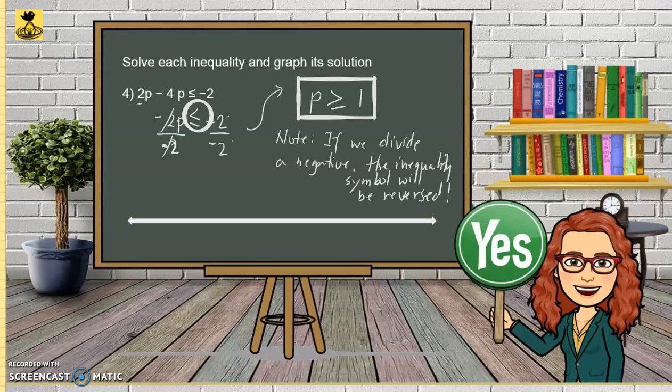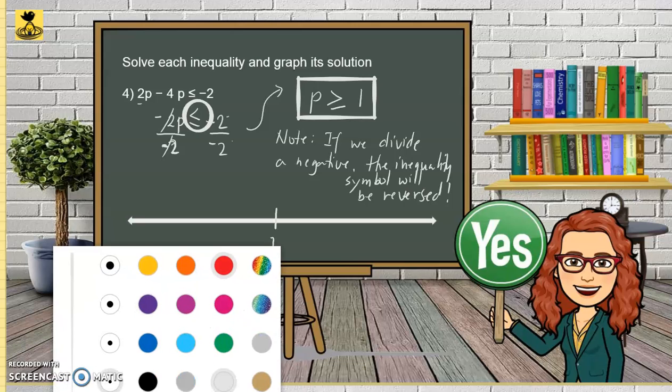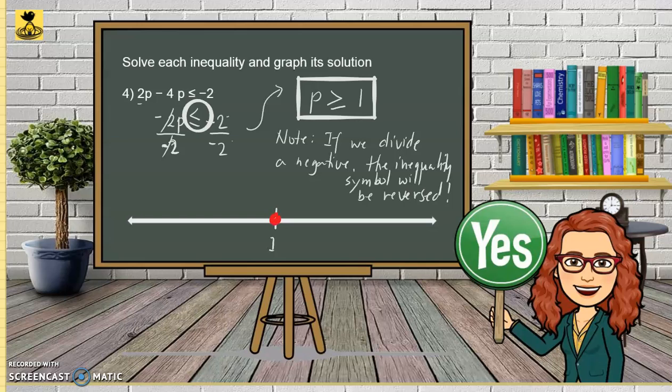Okay, now let's locate 1. So 1 is here. So p is greater than or equal to 1, so it should be a closed circle because of the symbol greater than or equal to, and greater than goes to the right direction of the number line. So this is how we graph our inequality.